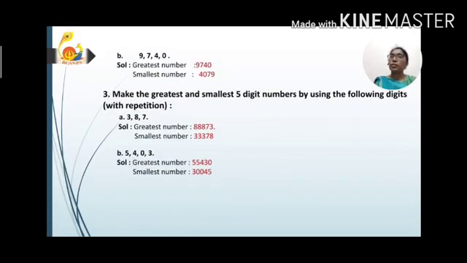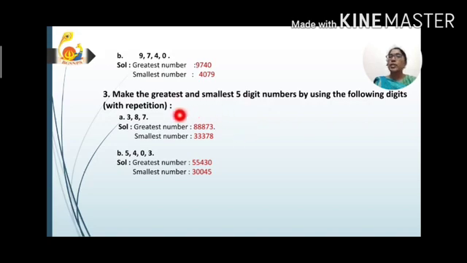That is 9740. Here the greatest number is 9740 itself, and this is 4079. Why did you get 0 in the second place? I already discussed with you, that you should not write 0 at the start, because the number will reduce, that is, 5-digit will become 4-digit, or 4-digit will become 3-digit.